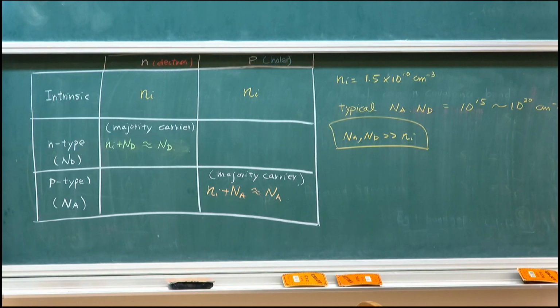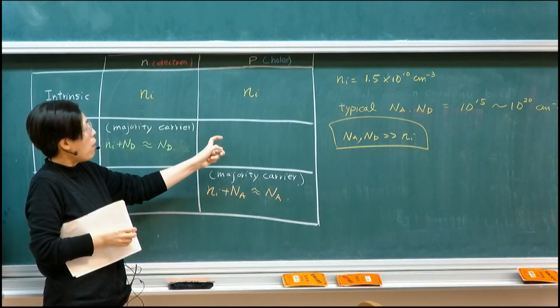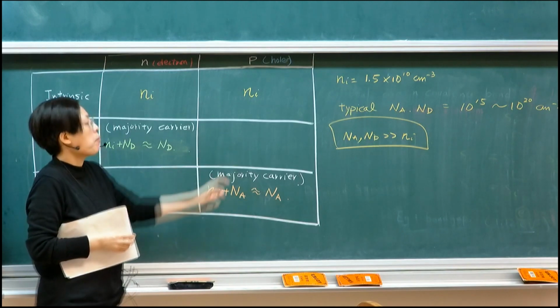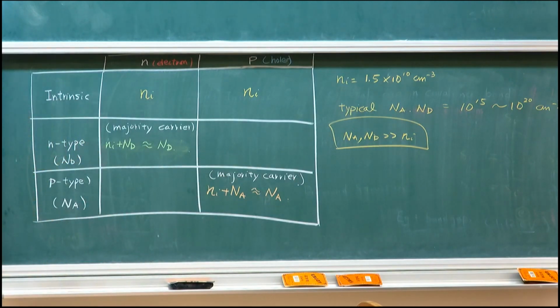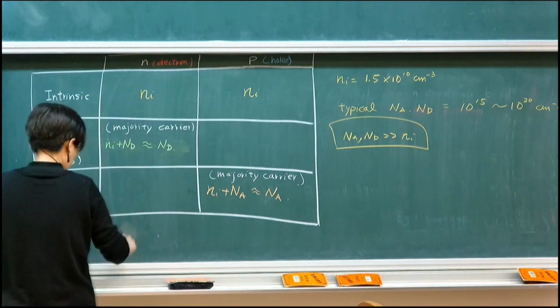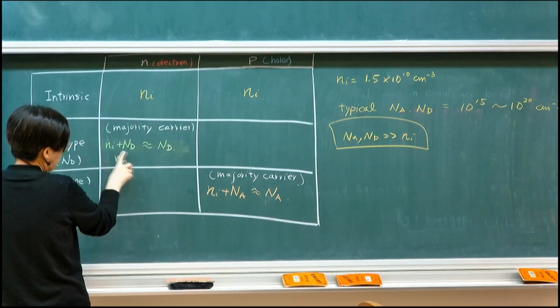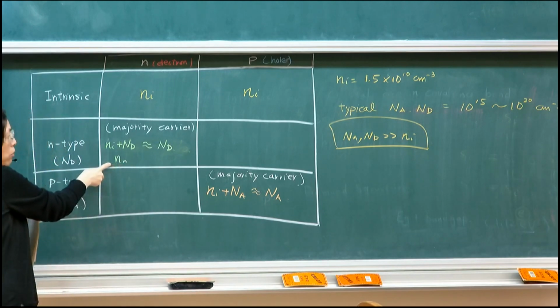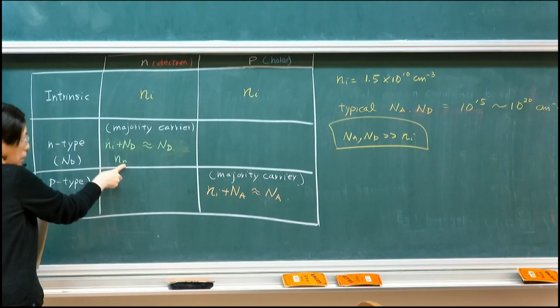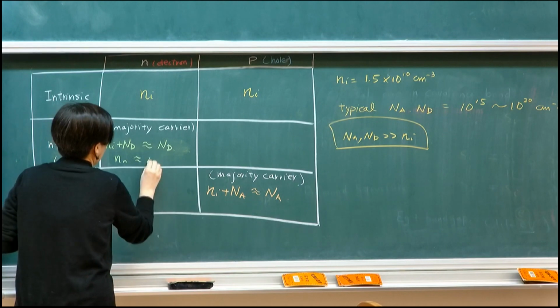So the counterpart was then, in an N-type semiconductor, what about its minority carrier density? Another notation you typically will see is, we call it N. So this is electron density. N stands for electron in N-type. So it will be approximately Nd.